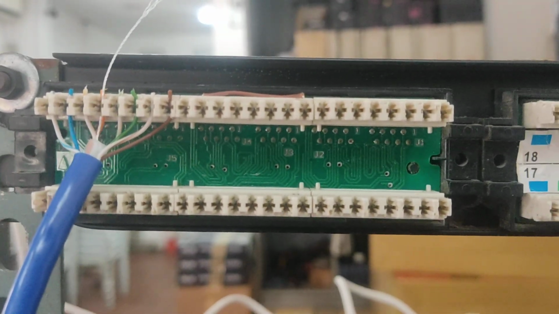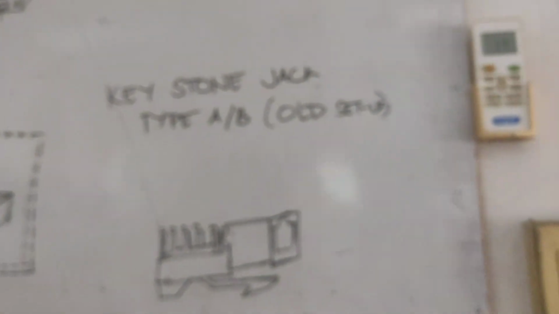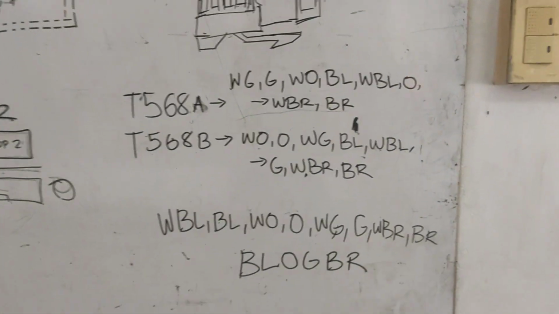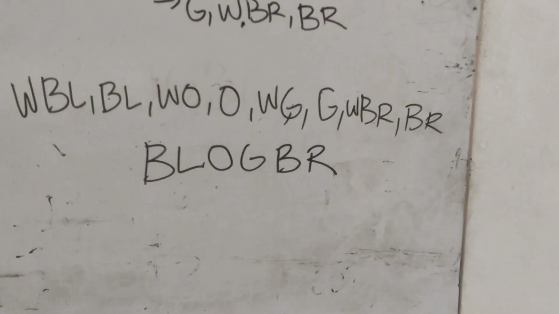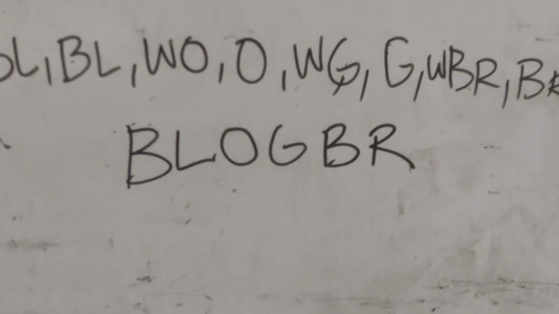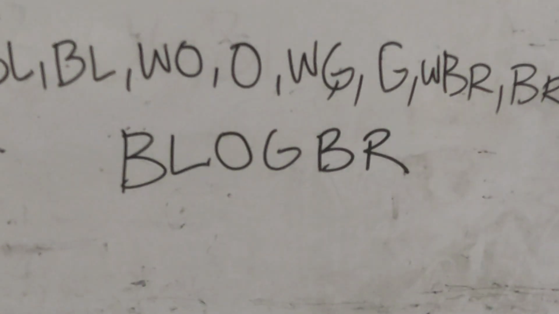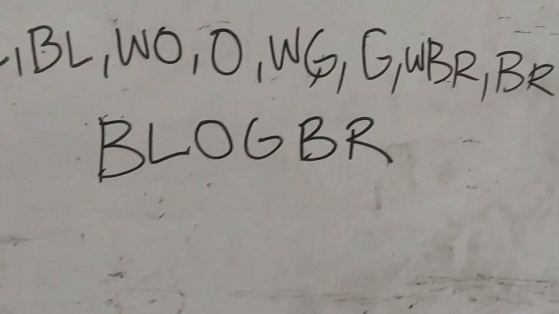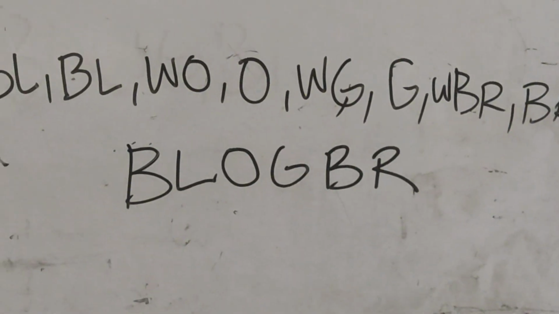Sir, does it have a color coding? Yes, it does. In a keystone jack, which we also need in our patch panel, the basic setup is BLOGBR. What's the point of BLOGBR? That's the color coding of our patch panel. Then, how about the stripe colors?